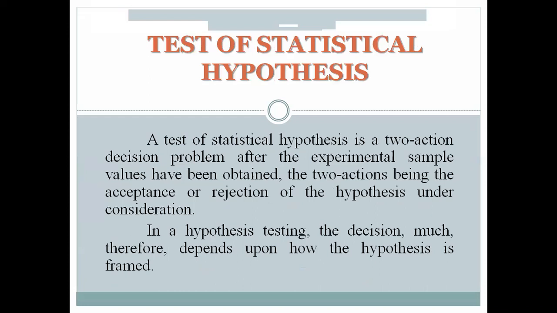Now this hypothesis we are going to test. After finding the values, we have to take two actions: whether to accept or to reject. These two actions are called hypothesis testing.